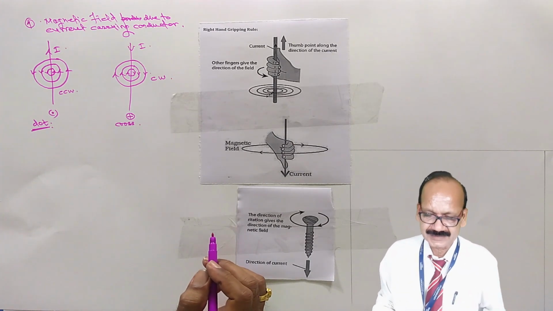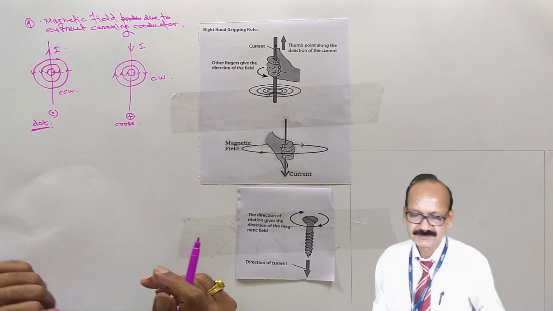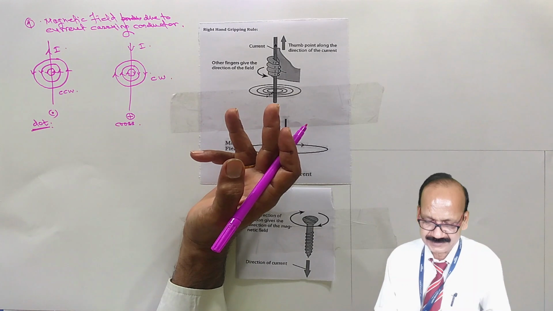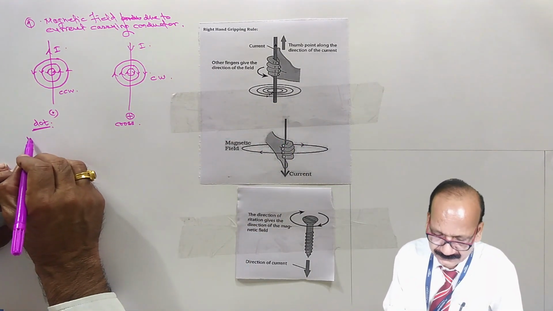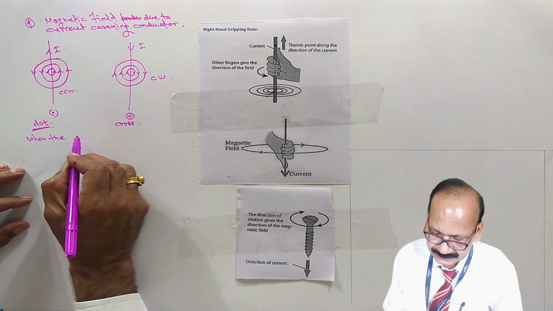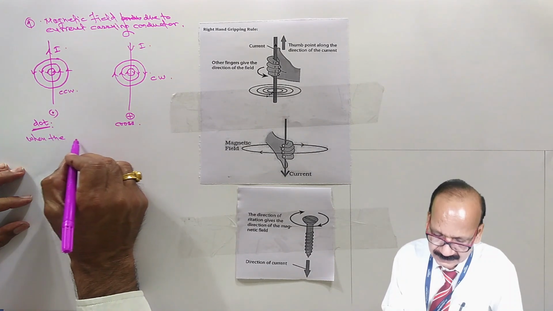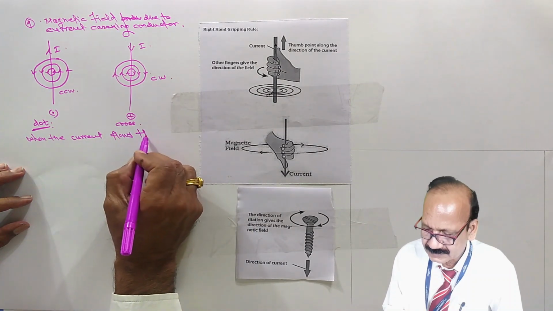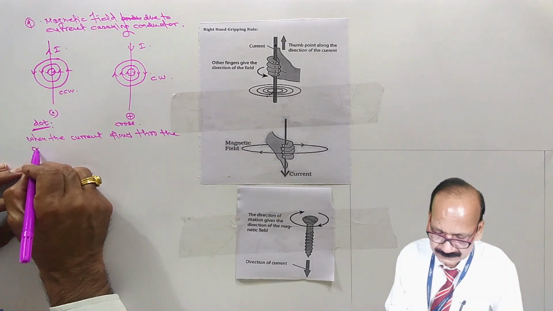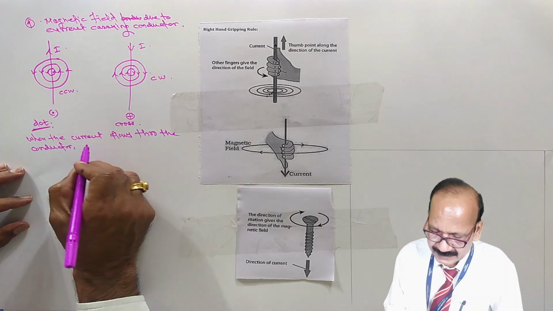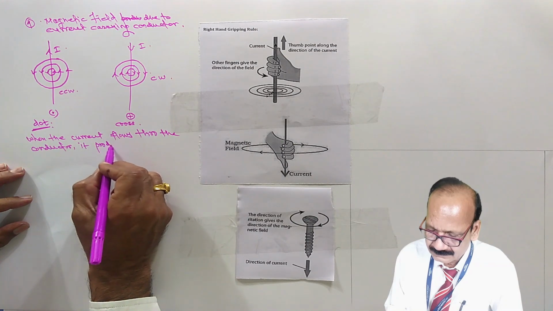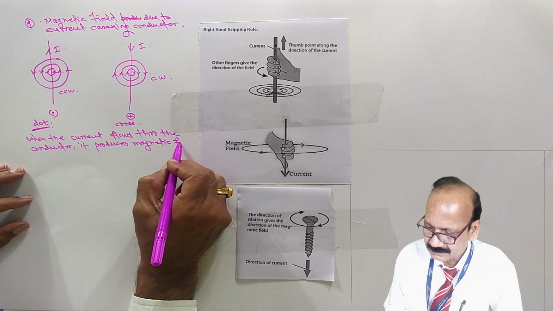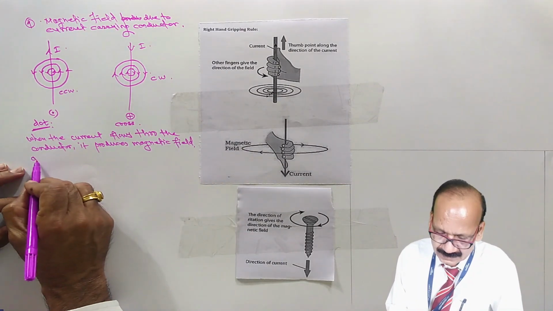So what we can say, when the conductor carries the current, it produces the magnetic field around it. So let us write here, when the current flows through the conductor, it produces magnetic field around it.